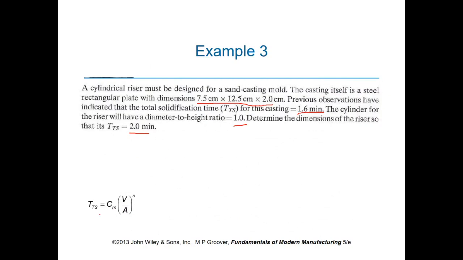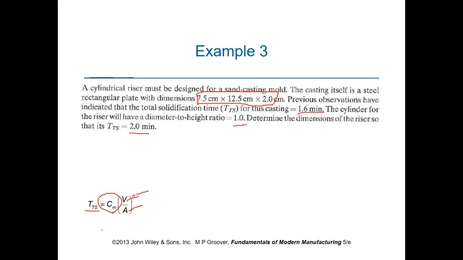Okay, what we need to do is take the equation for total solidification time from the equation sheet, which is this one. What we have for the plate is TTS, which is given as 1.6. And because we have the dimensions of the plate right here, we can easily compute V and also A. n is normally considered as 2 in the problems of this lecture, and the unknown parameter is now Cm.